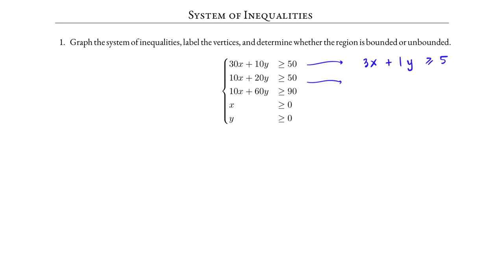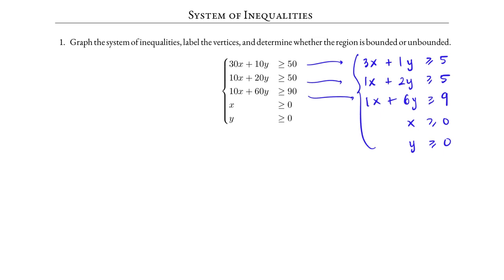For the second inequality, we can reduce it to 1x plus 2y greater than or equal to 5. And the third one is 1x plus 6y greater than or equal to 9. And then x greater than or equal to 0, y greater than or equal to 0. So this is an equivalent system of inequalities.